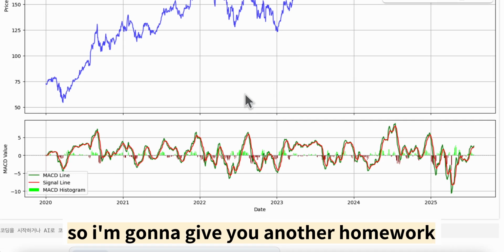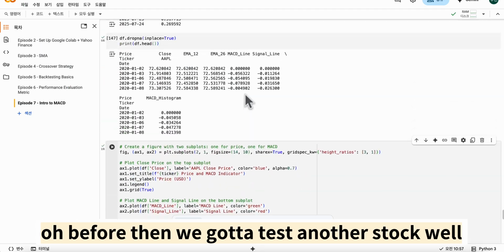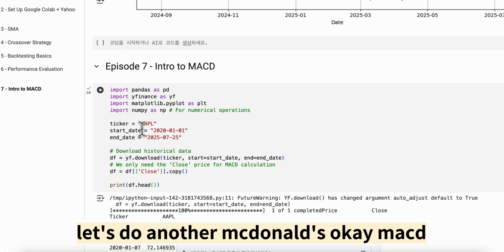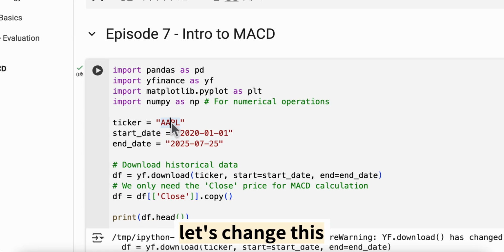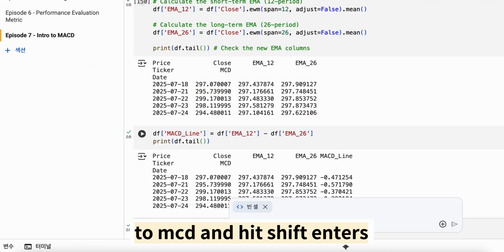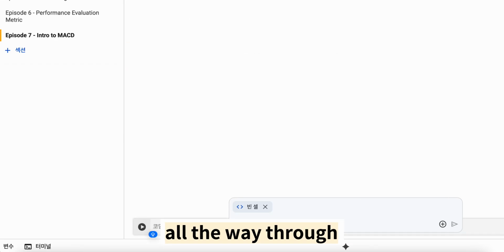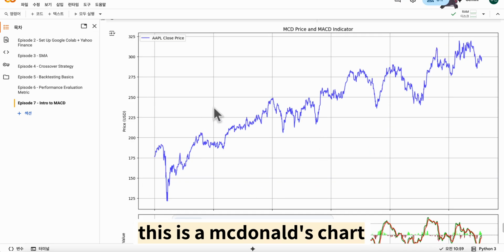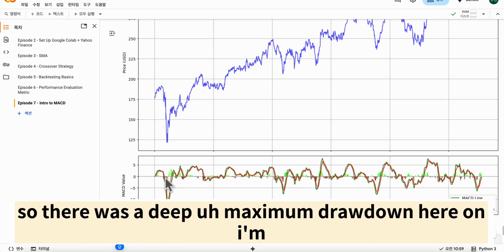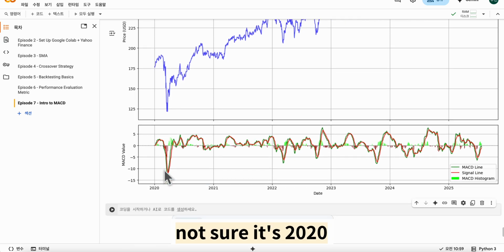So I'm going to give you another homework. Before that, we've got to test another stock. Well, let's do McDonald's. MACD sounds like McDonald's. Let's change this to MCD and hit Shift Enter all the way through, and you will see this is a McDonald's chart, and the price is going up and down, up and down. There was a deep maximum drawdown here in, I'm not sure, 2020.